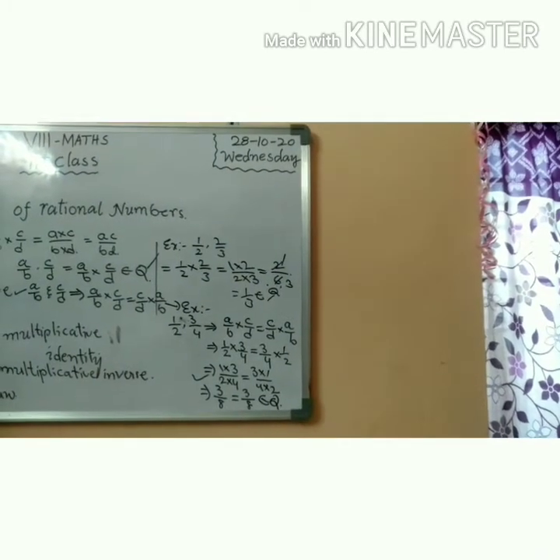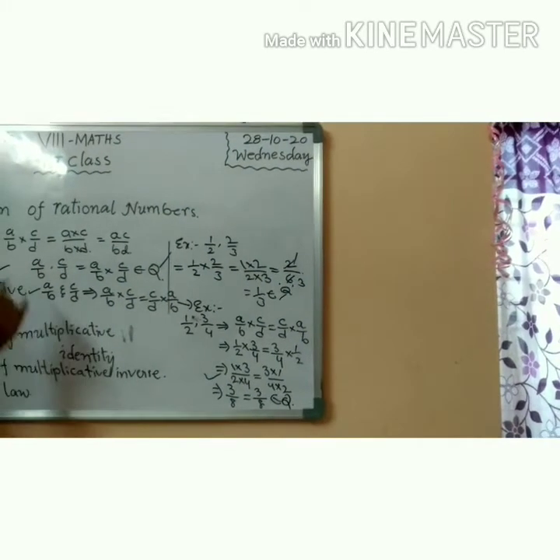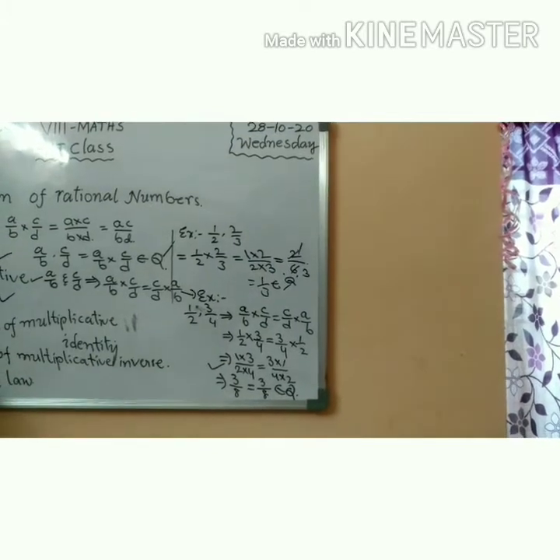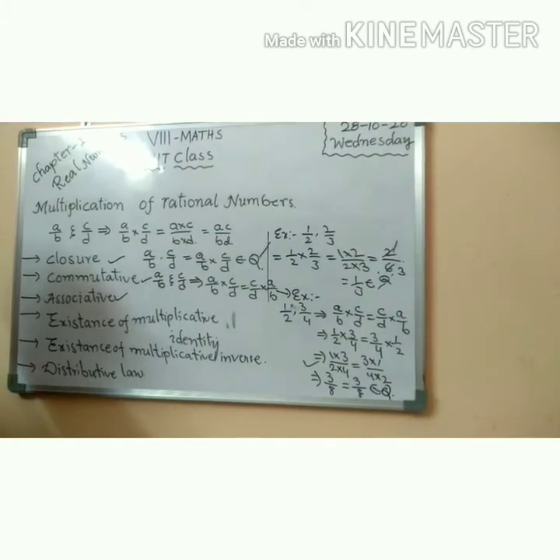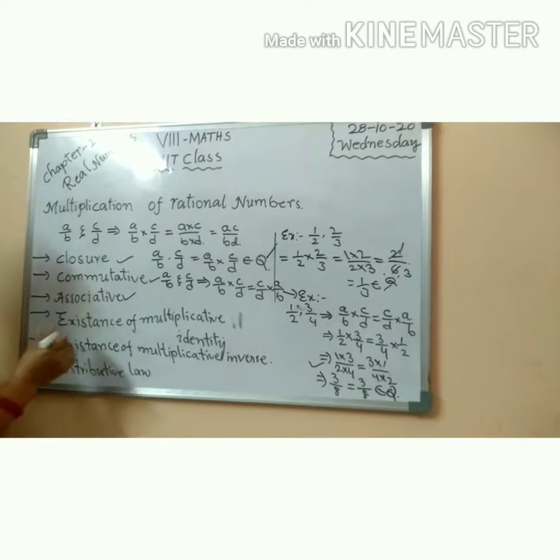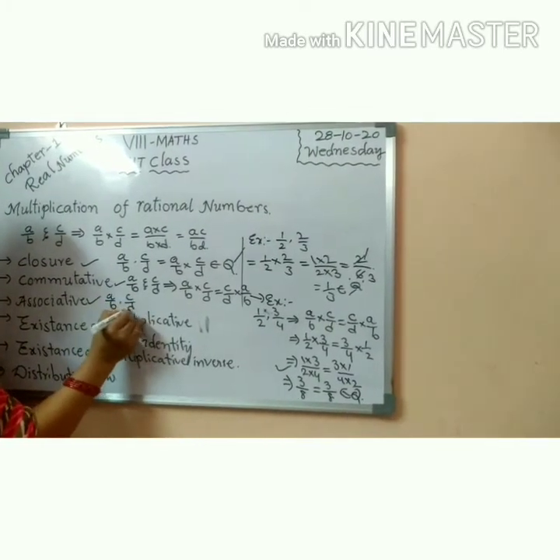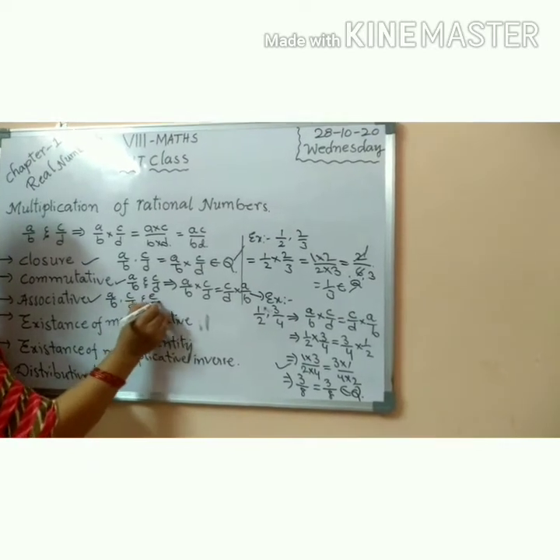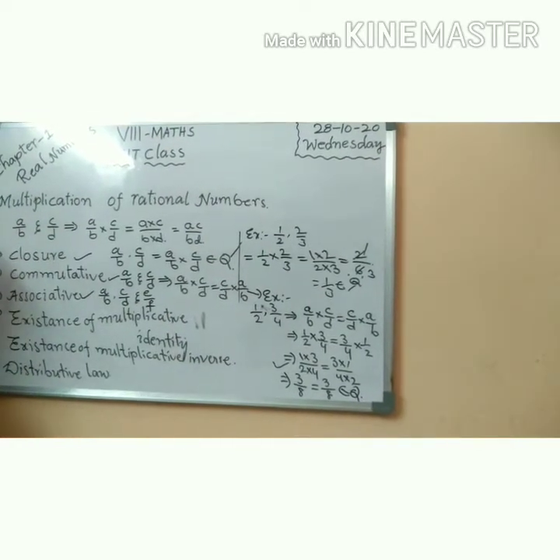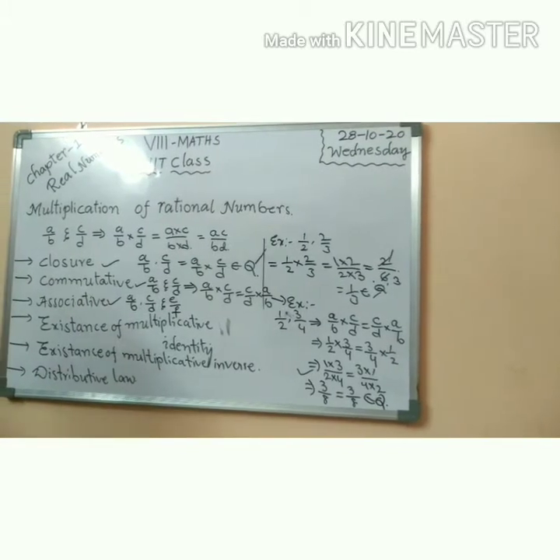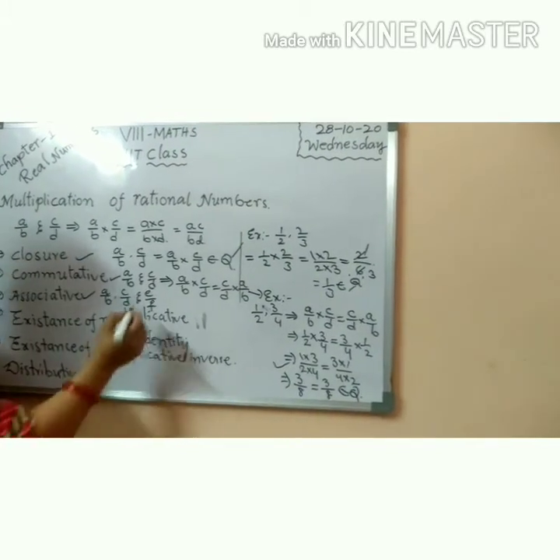Okay children, next one is the associative property. What is the process of the associative property? In this case we take three rational numbers, a by b, c by d and e by f, under multiplication.